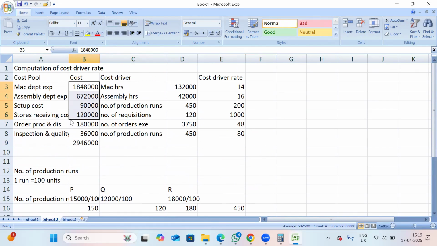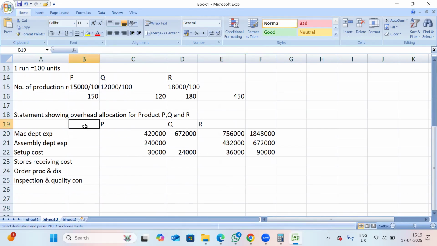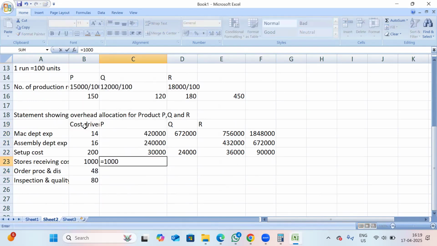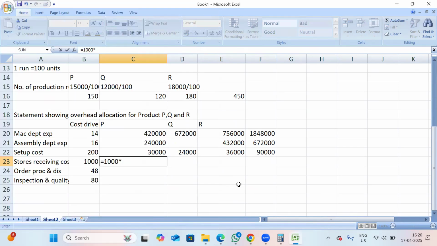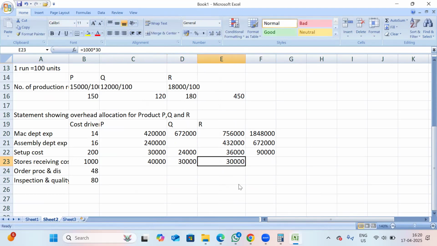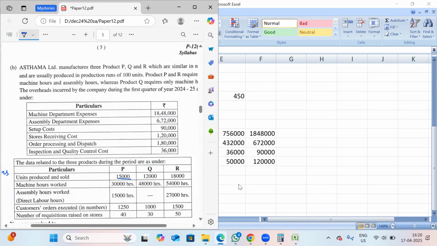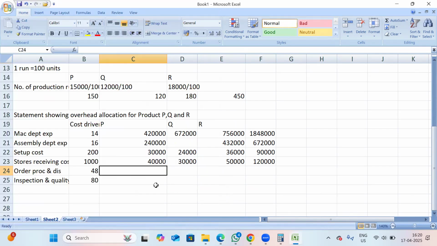Stores receiving cost. The cost driver is 1,000 into number of stores requisition, right? So number of stores requisition 40, 30, and 50. So total will be 1,20,000. Order processing: number of orders executed 1,250, 1,000, and 1,500.